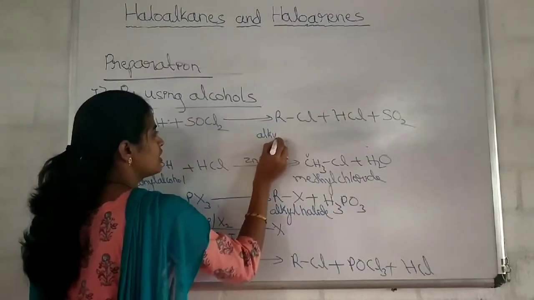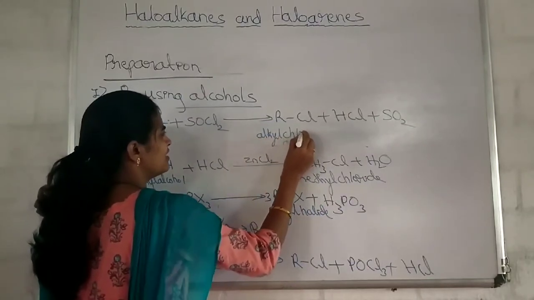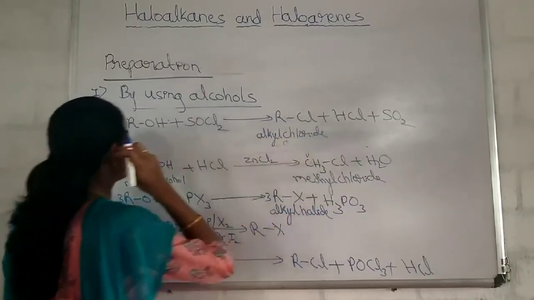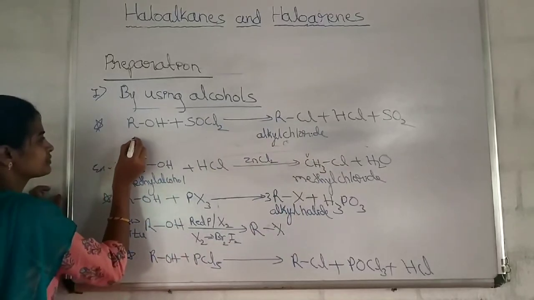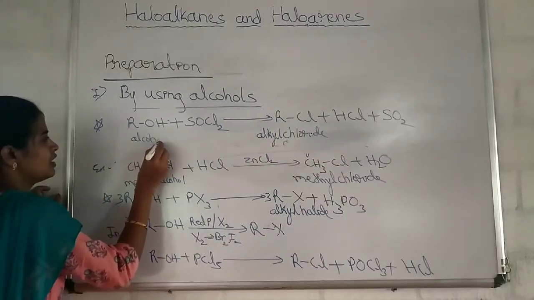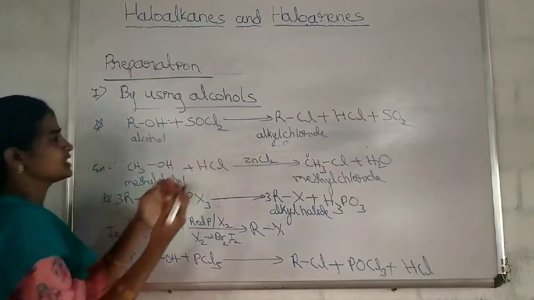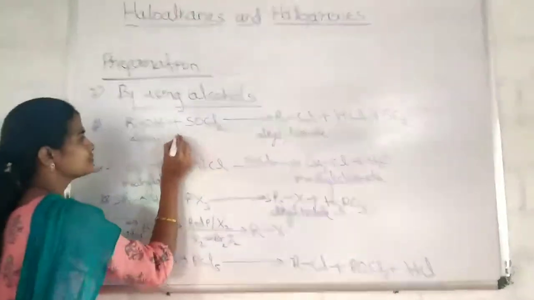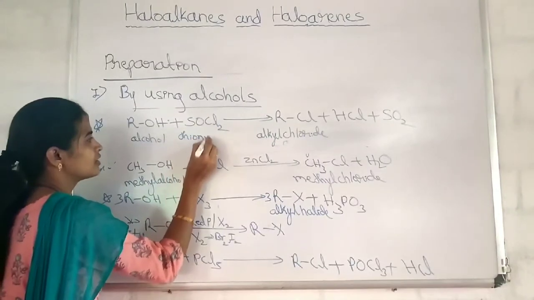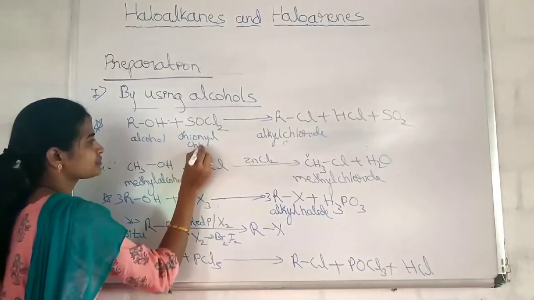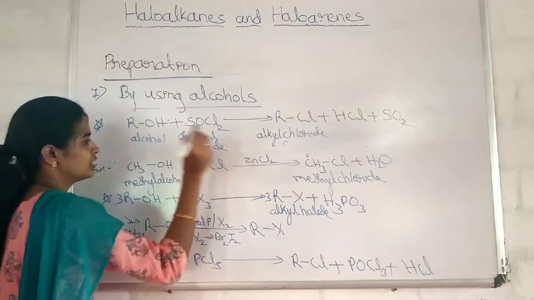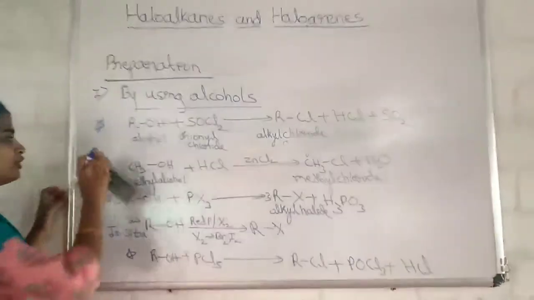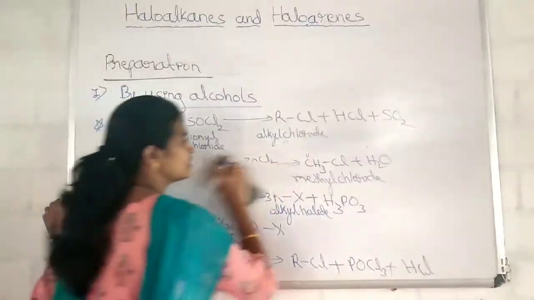It is alkyl chloride. We can also write the example, you people can write it. Methyl alcohol is taken, methyl chloride is formed like that, with thionyl chloride. But what is the point to be concentrated on here?